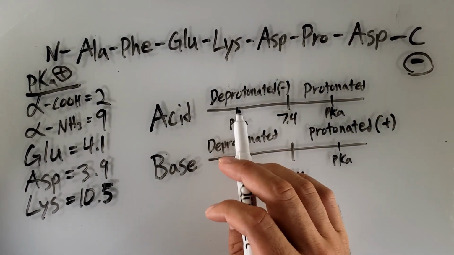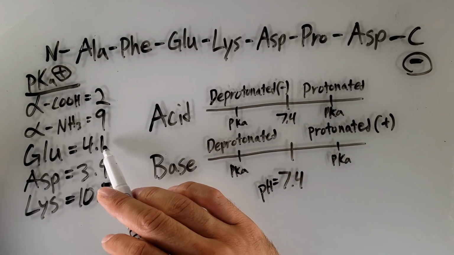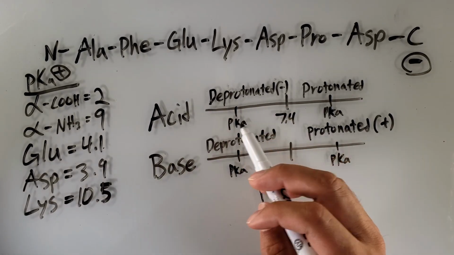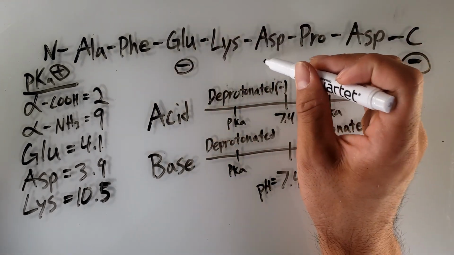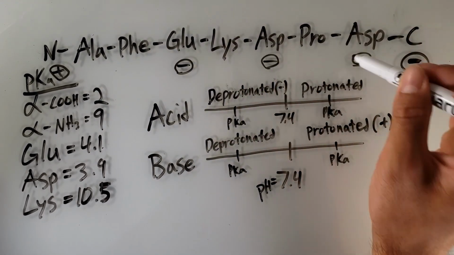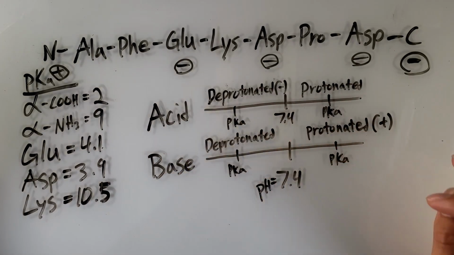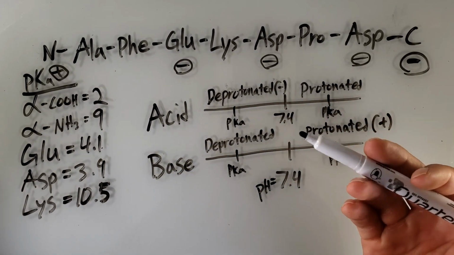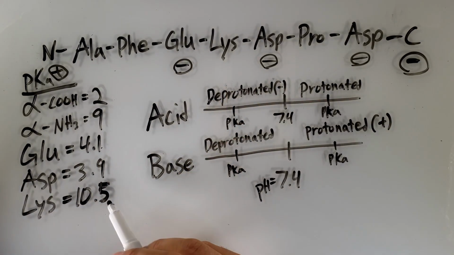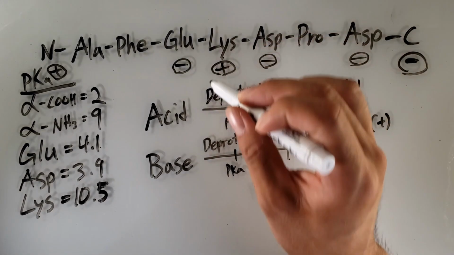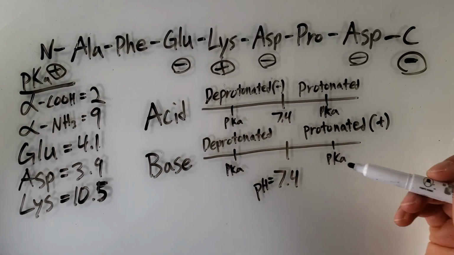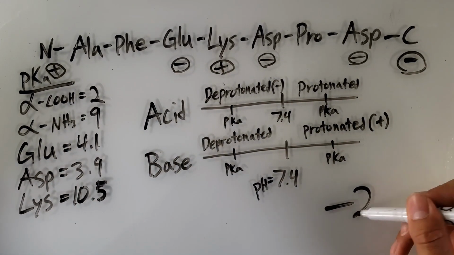So since these 4.1 and 3.9 values are less than, they're going to be deprotonated, they're going to be negative, negative, negative, negative. So now we have 1, 2, 3, 4 negatives. Now, if we look at the lysine, this has 10.5, it would fall in here. This is going to be positive. If we add these up, 2 positive, 4 negative, we have an overall charge of -2.